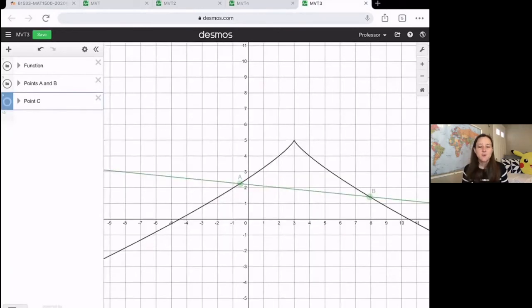The second condition for the mean value theorem is that the function has to be differentiable on the interval from A to B in order for this magic number C to come into existence. And this function is not differentiable between A and B the way I have it drawn here, because we have that cusp at x equals 3. So we know that the derivative doesn't exist at 3. And again, if you turn on point C and you try to find that tangent line that has a matching slope to the line through A and B, you're just not going to be able to do it.